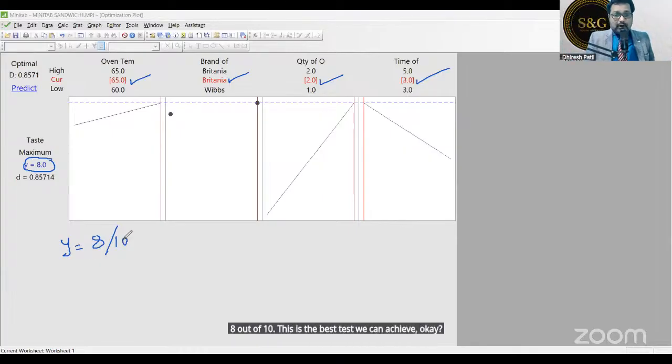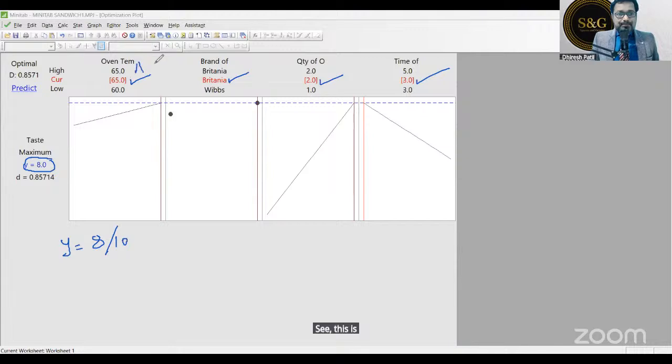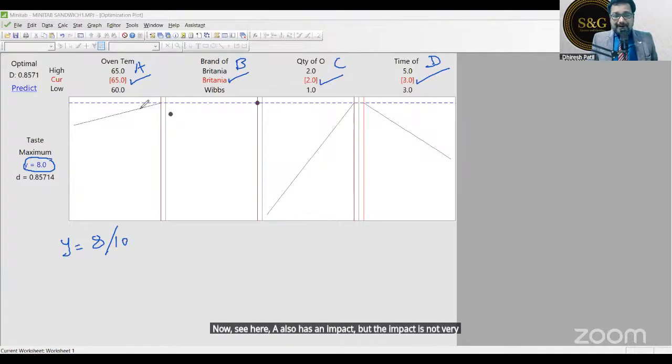Now, if you remember, C and D were the most significant contributors. This is A, this is B, this is C, and this is D. A also has an impact, but the impact is not very significant. Do you remember the Ajay Vijay Sanjay case? The slope is not significant.